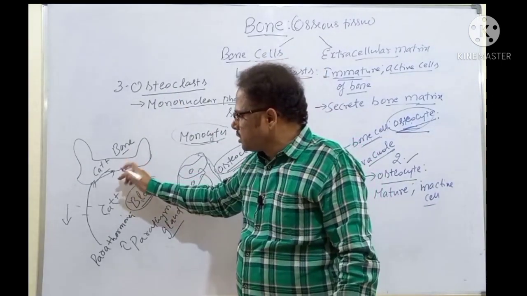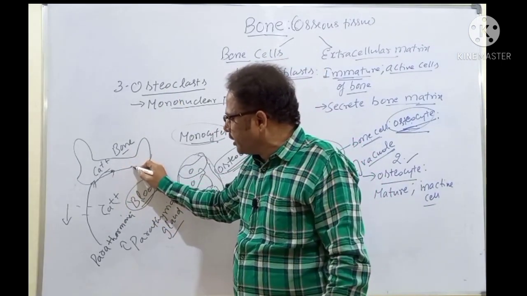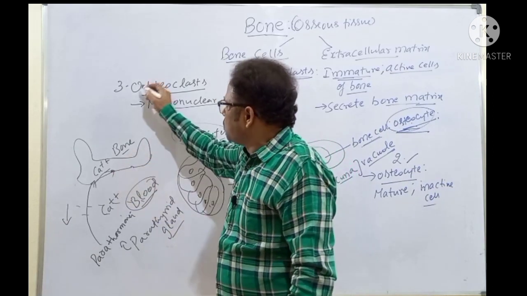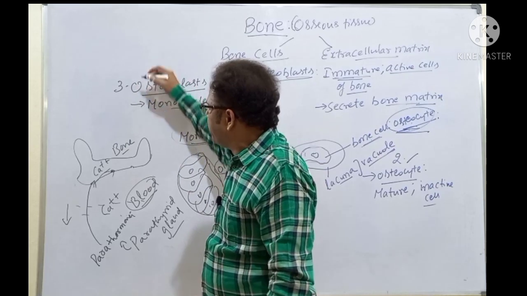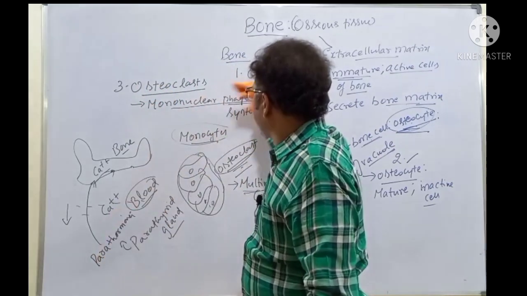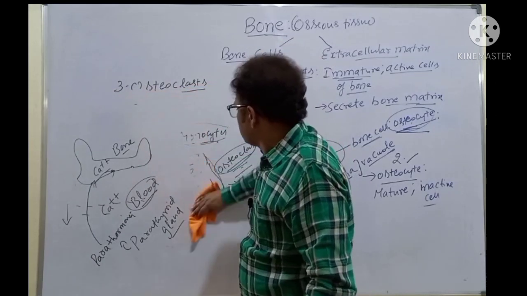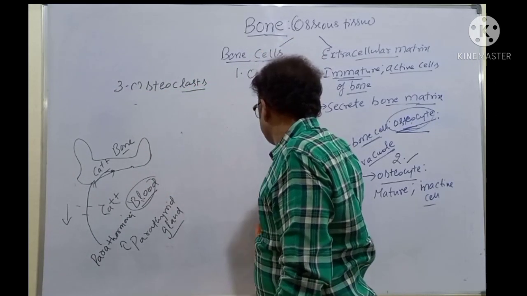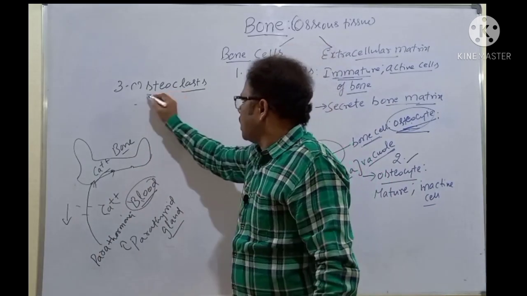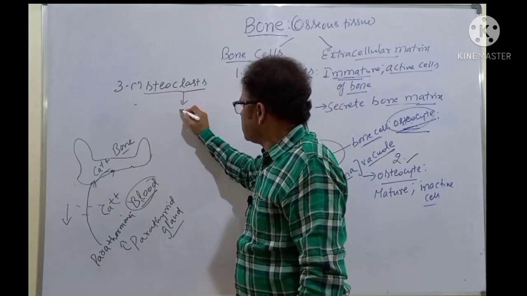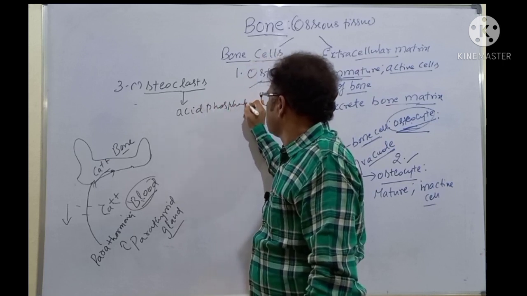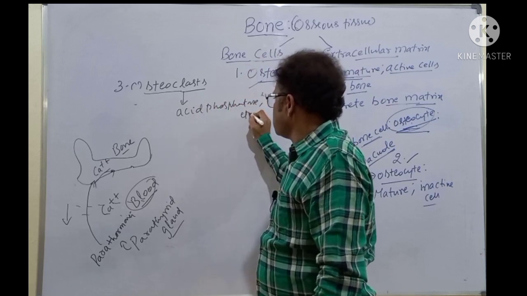These osteoclasts are present in the depressions of the bone, I told you, isn't it? So when the osteoclasts are activated, what happens? The osteoclast releases a very important enzyme called acid phosphatase and other enzymes.